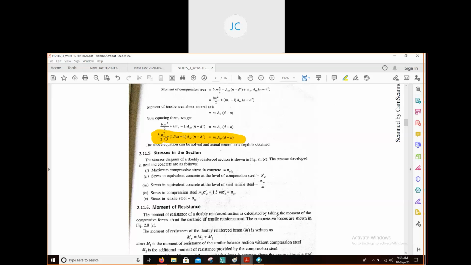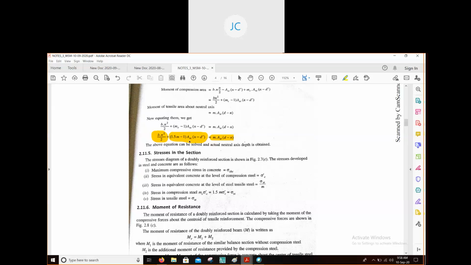So in this entire formula you can see one thing is coming extra. In the singly reinforced beam, b n square by 2 equal to this part, m into Ast into (d minus n). This was the formula for the singly reinforced beam. In case of a doubly reinforced beam, this portion will become an extra portion: 1.5 times (m minus 1) Asc.